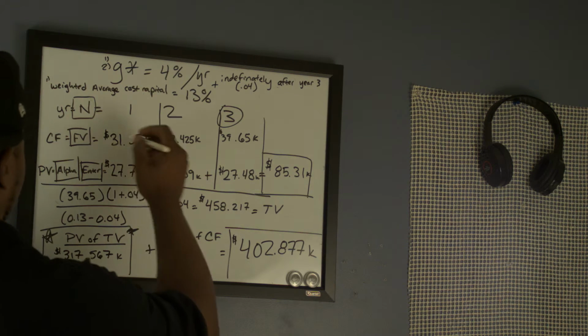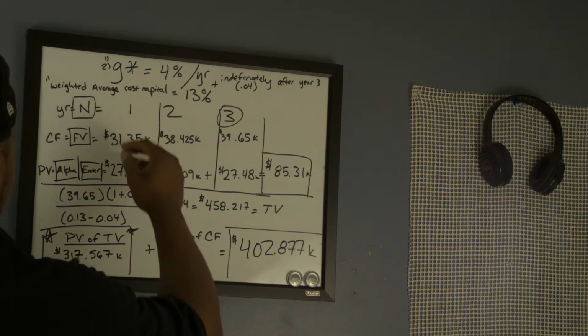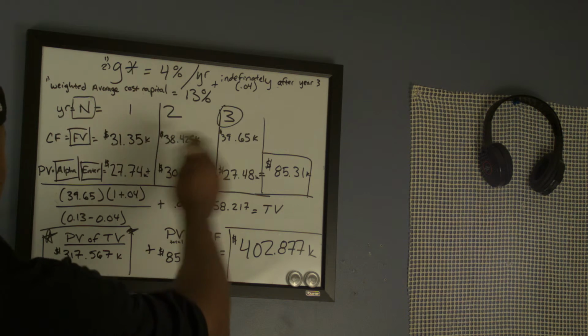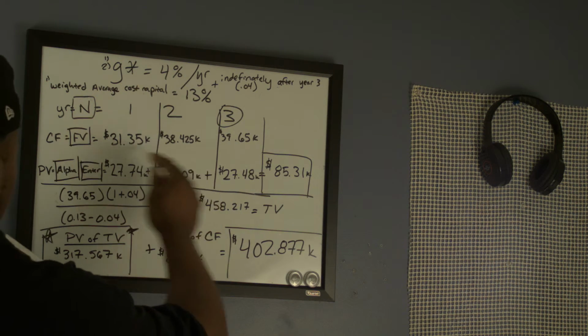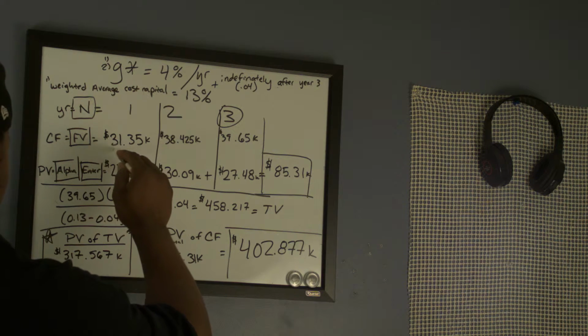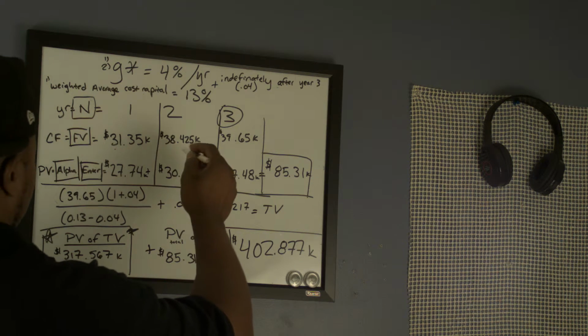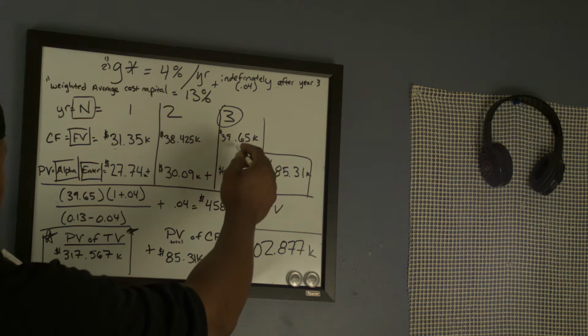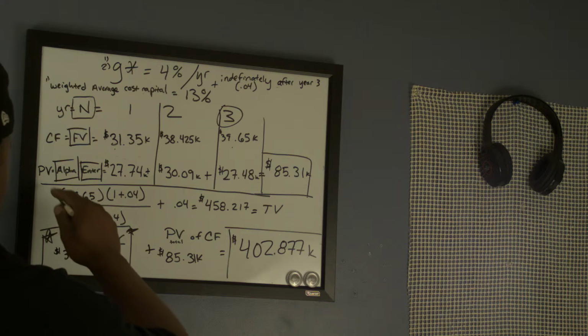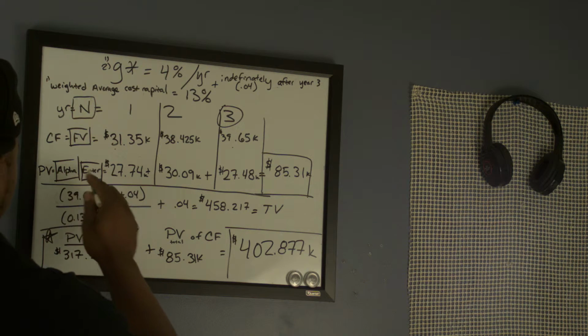So once I actually put this into the calculator, your N is going to be 1, 2, or 3. Your cash flow that you calculated on the last one is 31.35. Year 2, 38.425, year 3, 39.65.